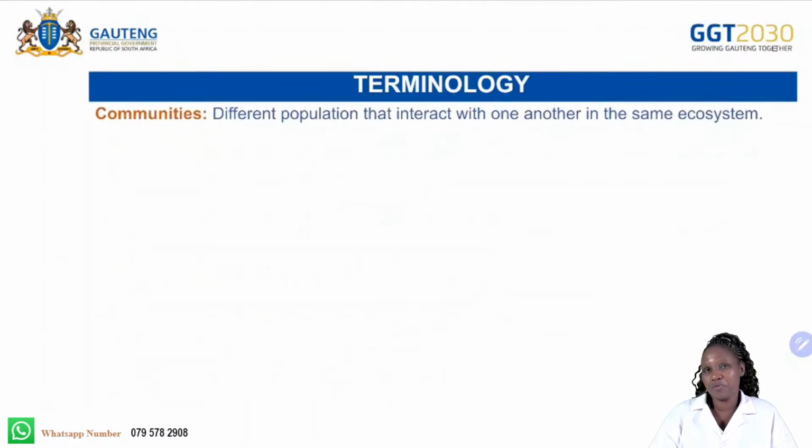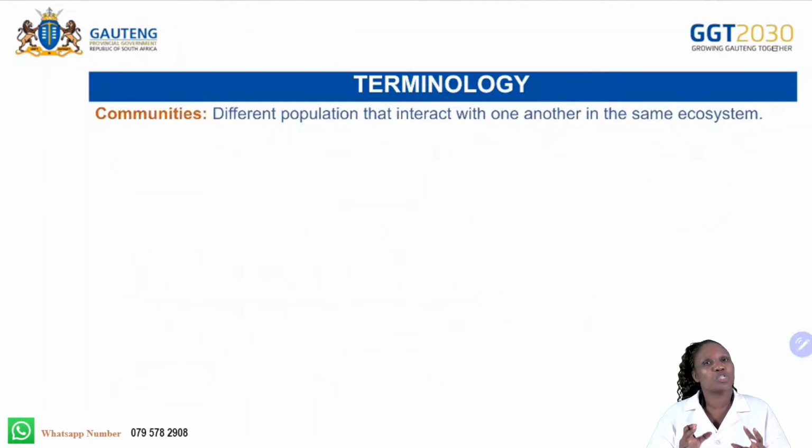Then we've got communities. When we're talking about communities, these are different populations that interact with each other in the same ecosystem. For example, near the river or near the dam or lake or even a pool, you will find that you will come across different communities. Why is it so?